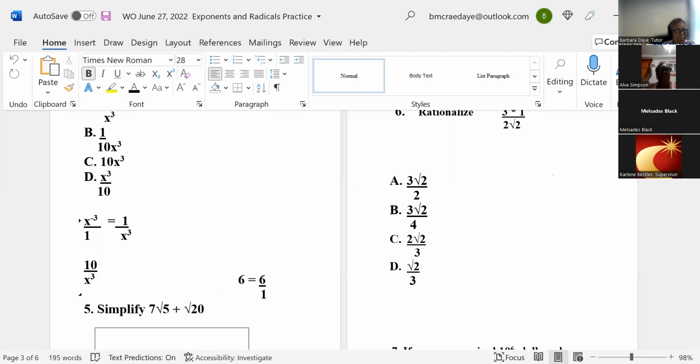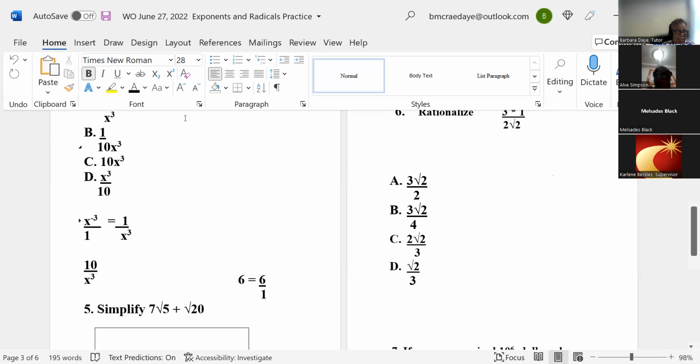That's why I can say x to the minus 3 over 1. You follow me? Yes, Miss Barbara. So if you see a variable or number that doesn't have a denominator, the default is 1. You could just put the 1 there if you need to, but most times you don't have to.